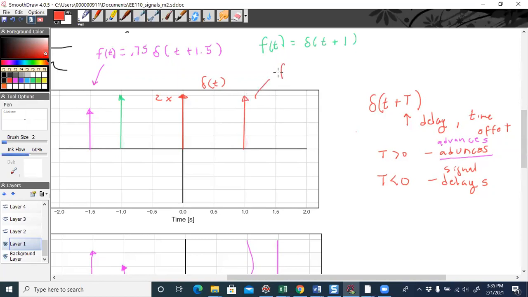Again, it's up by 1. So that's going to be scaled by 1. And it was delayed by a second.